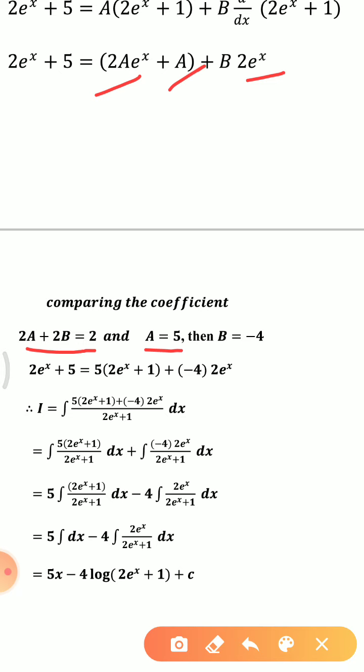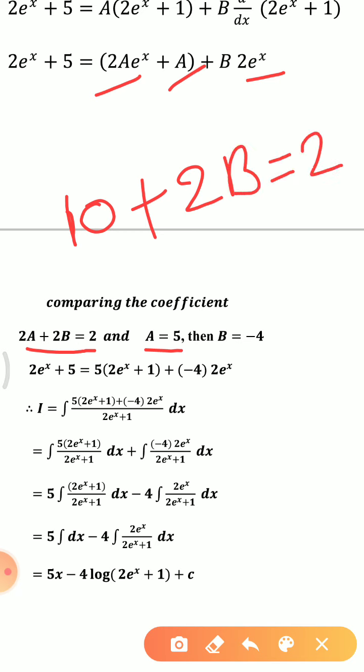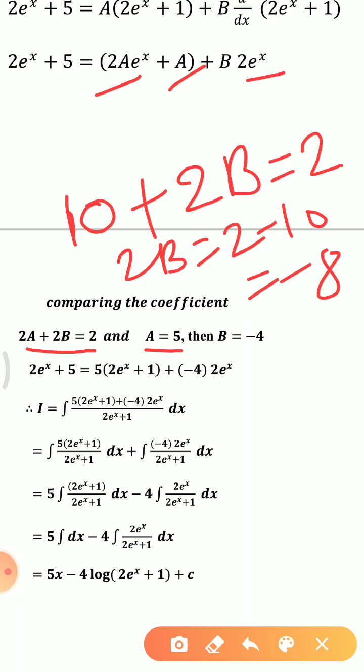Putting this a in the equation 2a plus 2b, that is 2 into 5, 2 fives are 10, plus 2b is equal to 2. Shifting this 10 to that side, 2b is equal to 2 minus 10 is equal to minus 8, and shifting the 2 to that side, multiply becomes divide, that is equal to minus 4.